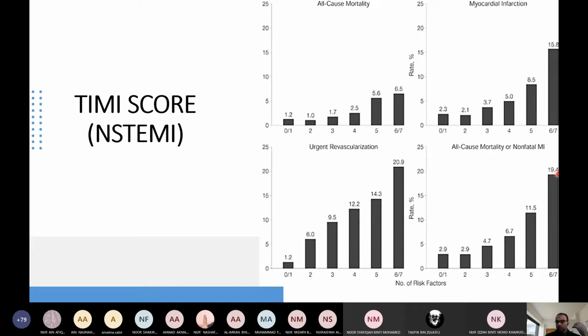Here the all-cause mortality is 19.4, 20. So in general, the non-STEMI will be less serious compared to STEMI, with less mortality risk compared to STEMI. Okay.